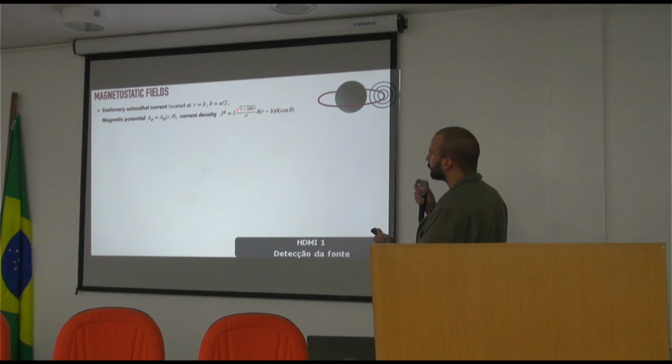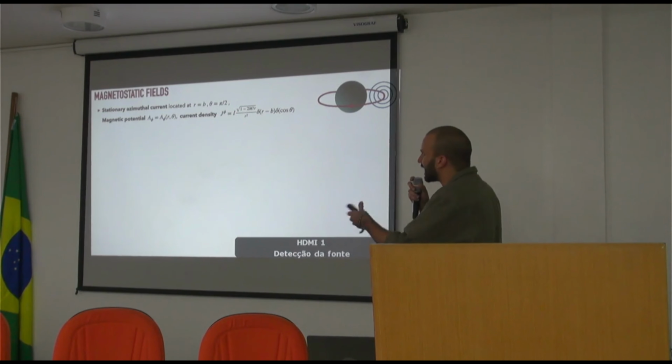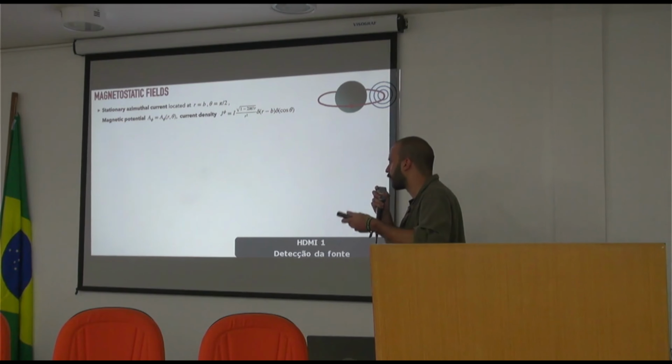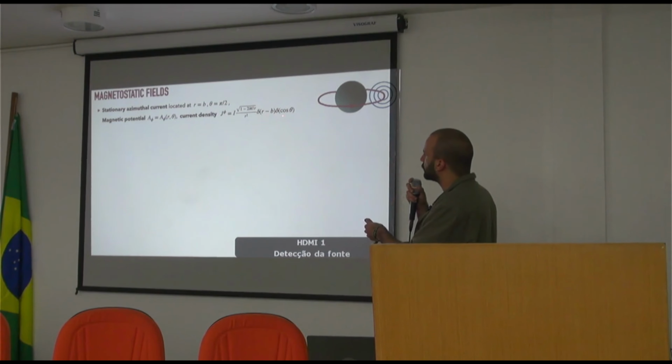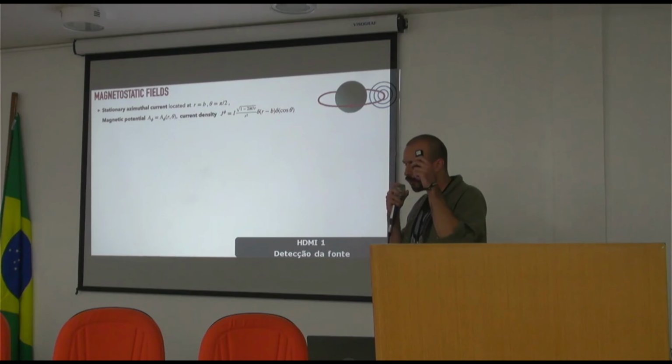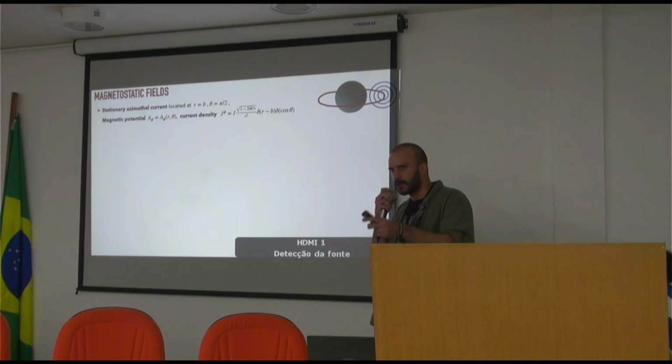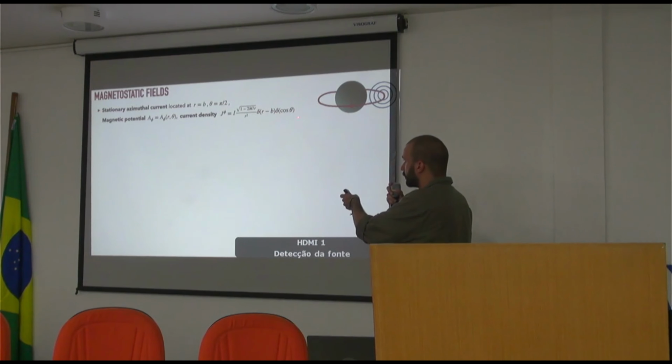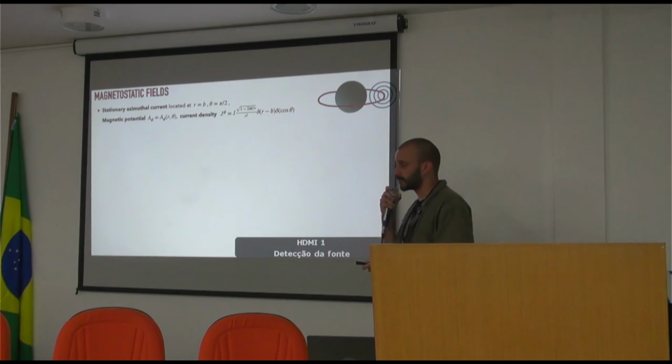We have a certain value for the intensity of the current. There is a factor which is to make this object covariant, let's say. And then we have two Dirac deltas which localize the current precisely at the equator, where the cosine is equal to 0.